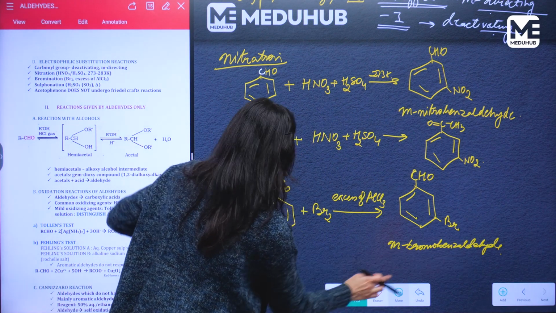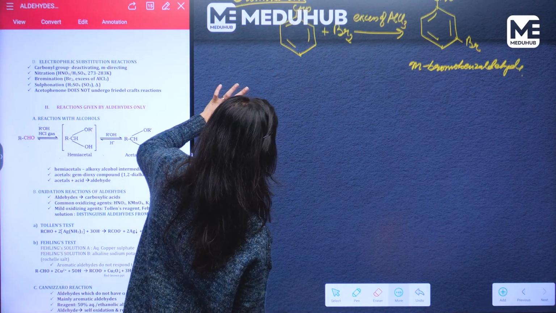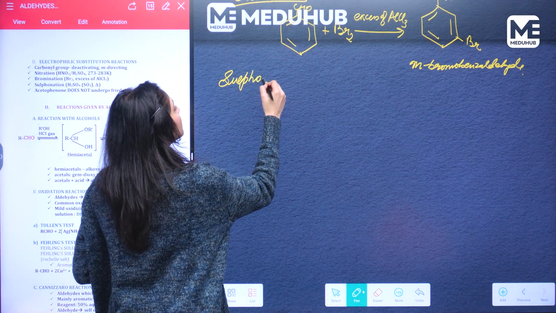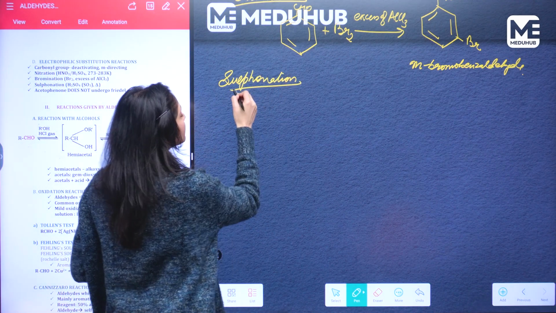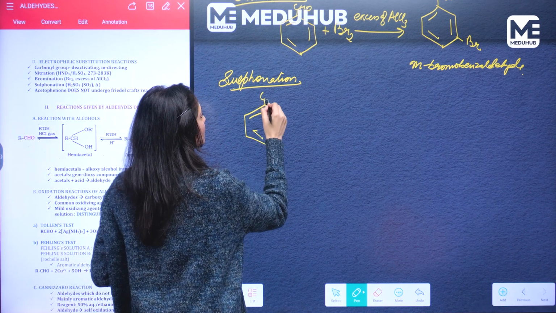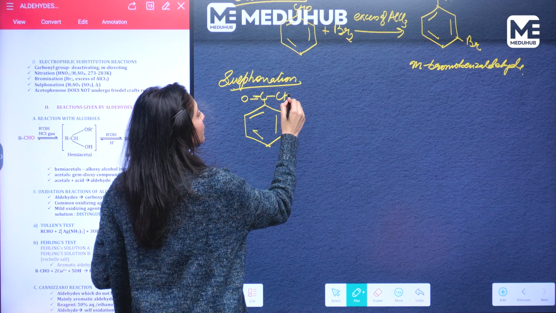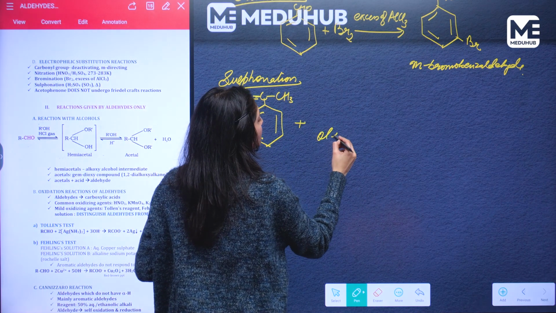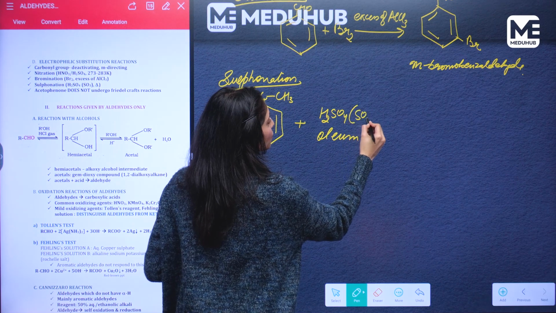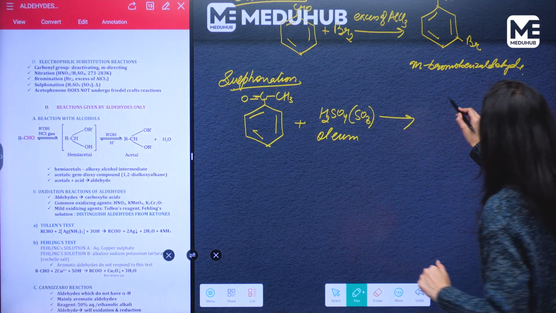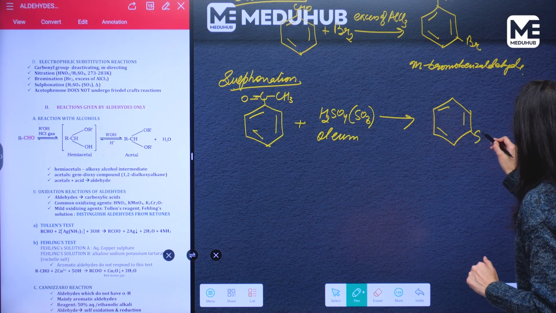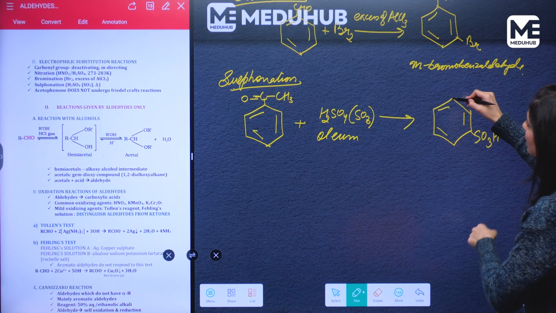And if we carry out sulfonation, say we have acetophenone, it combines with oleum or fuming sulfuric acid, H2SO4, SO3, to give the SO3H group at the meta position again.